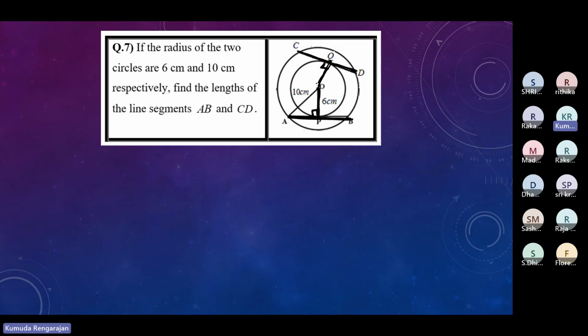So this is 90 degrees. So OQ becomes the perpendicular distance of the chord CD from the center. And how much is that? That's also 6. It's not given, but we know because it's a radius of the same inner circle.